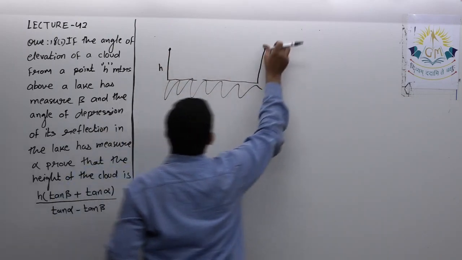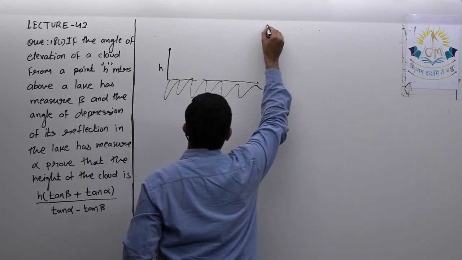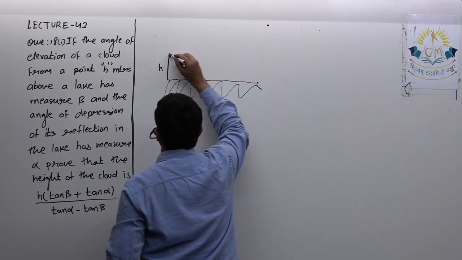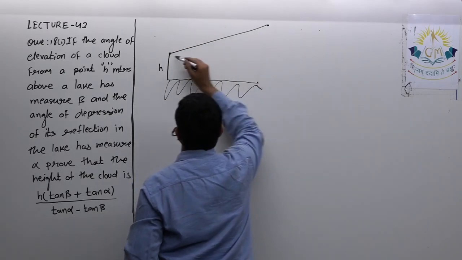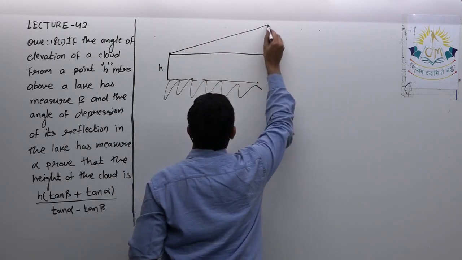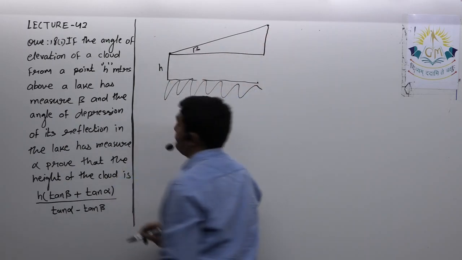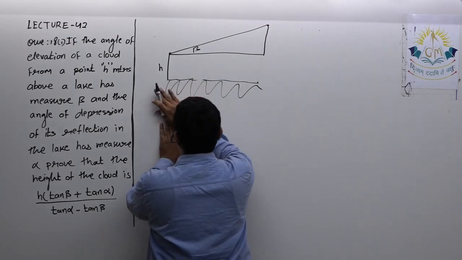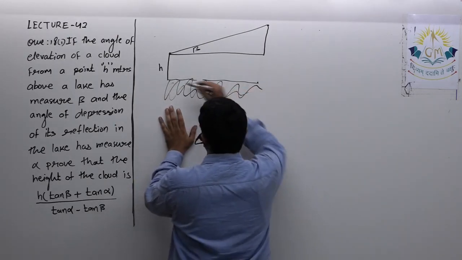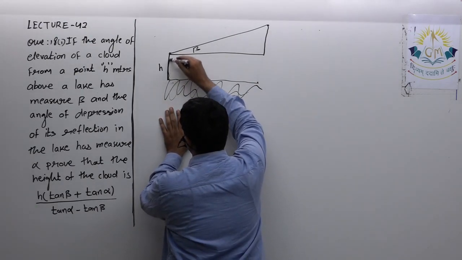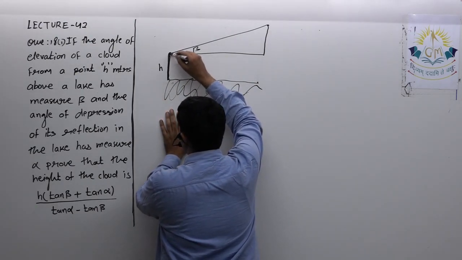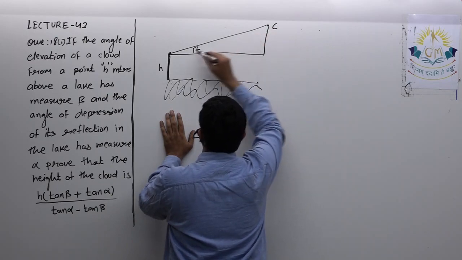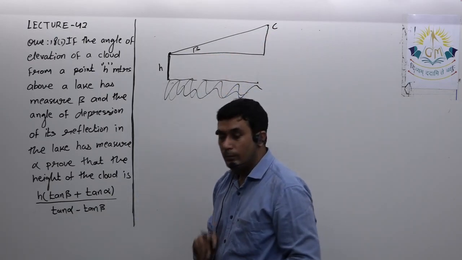From this point, if a cloud has been observed, then the angle of elevation is beta. Understand in a proper way: this is the lake, and from this lake, if I go h meters above and observe a cloud, then its angle of elevation is beta.